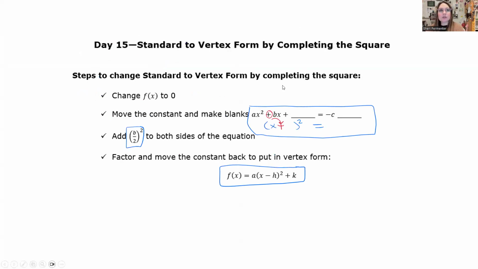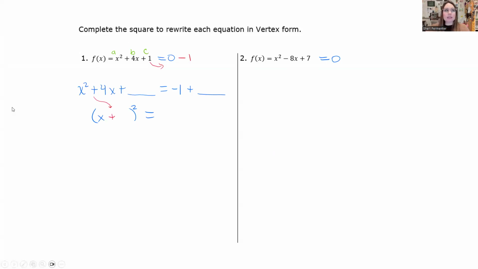Now, I am going to do this formula right here. This tells us this is completing the square. I'm going to do b divided by 2 squared. And I'm going to write it down off to the side. This is what I want to see on your paper. So those of you that get points taken off, you will get points taken off if you do not show me this step.